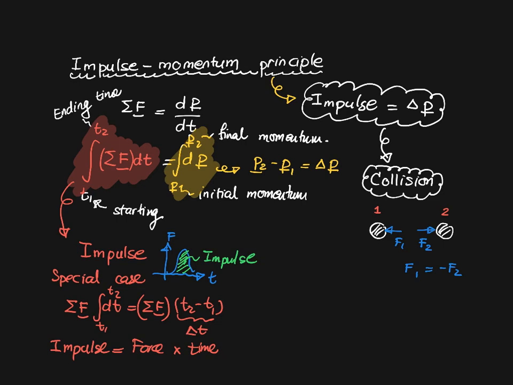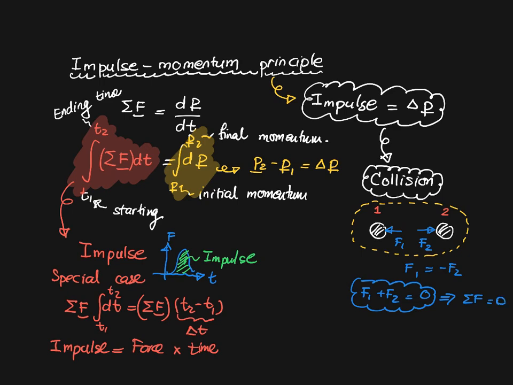And hence, if we look at both particles 1 and 2 at the same time, you see that the sum of these two forces, F1 plus F2, is equal to 0. So this implies that there is no net force acting on this system. The net force acting on the system is 0.